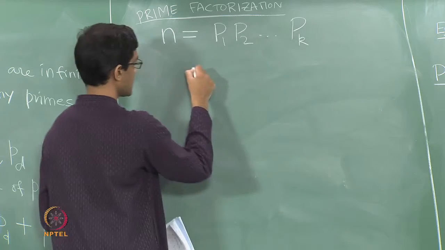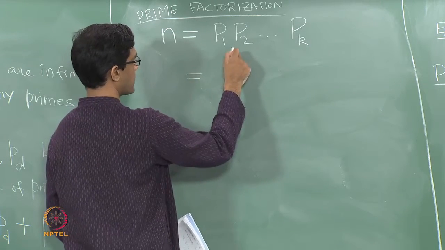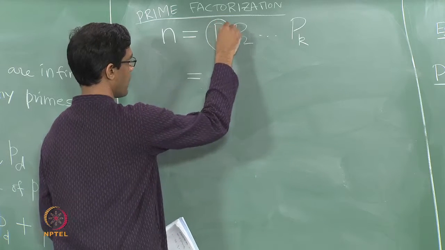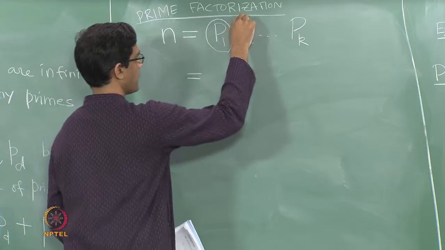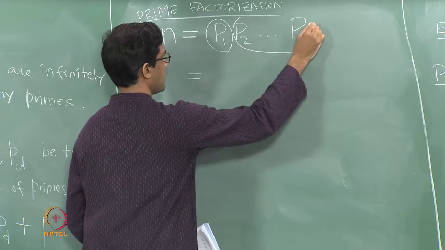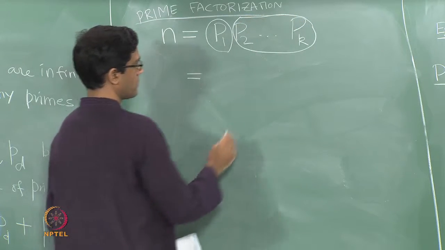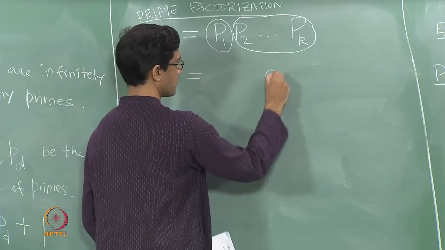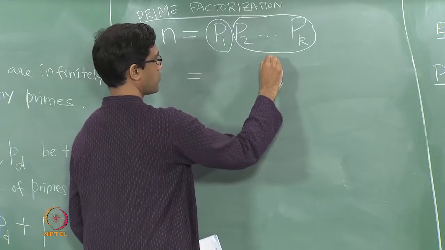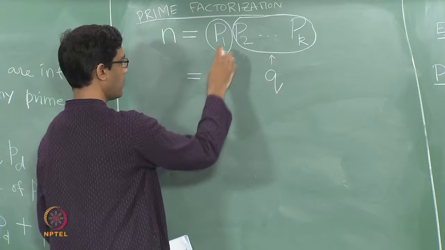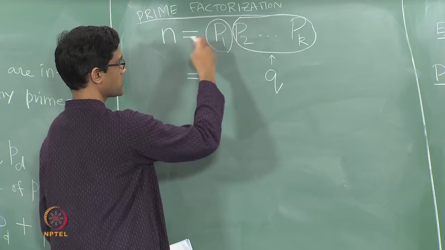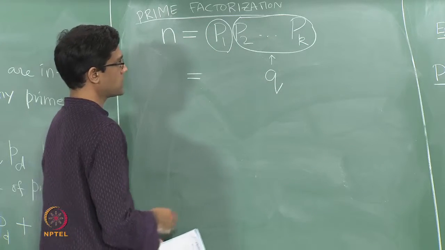So let's write n in this fashion, and think of this as two parts. Let's isolate P1, and think of the remaining as being another number, P2, P3 till Pk. Let's call that Q. So this part is Q, the second number, and P1, remember, is the very first factor in this expression, a prime.